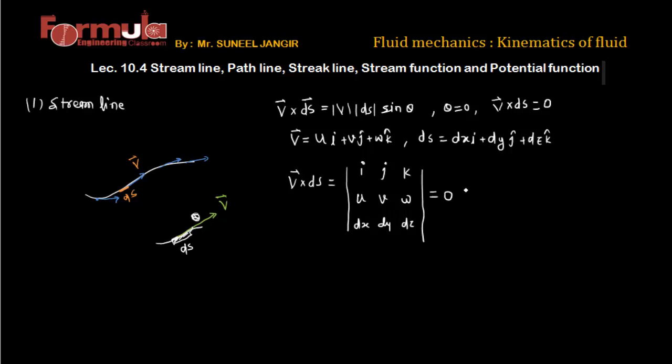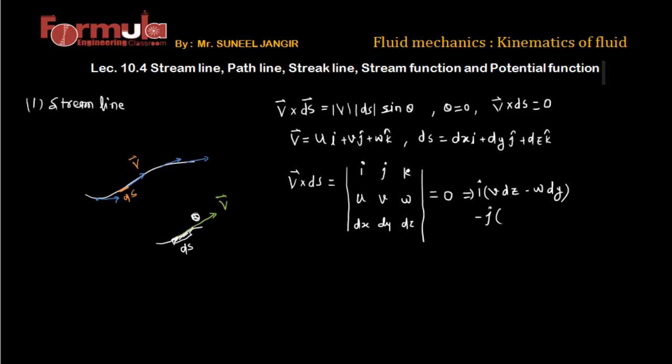So when we are doing the cross product, we are taking first i here. When we are taking the i, we are leaving this column and this row here. So that is v dz minus w dy, then minus j.